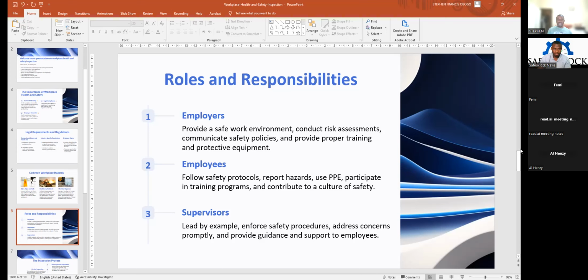Like I've said earlier, it is the responsibility of the employer to conduct risk assessment, and not only that, they need to communicate specific policy related to health and safety to the workers. It's also their responsibility to provide training and protective equipment, and provide sufficient information regarding the hazards and risks in the workplace. It is the sole responsibility of the employer to do that.